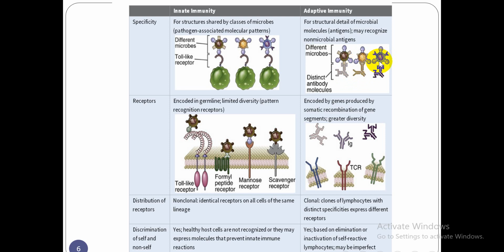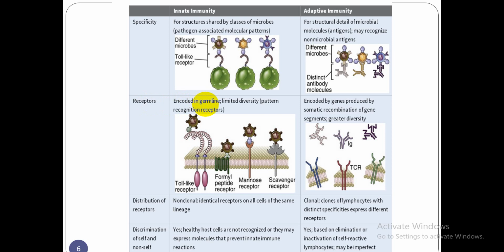So the adaptive immune responses are more specific for details of the microbes, for different epitopes of the antigens, but this specificity is lower in innate immunity. The receptors of innate immunity are encoded in the germline, and they show limited diversity.